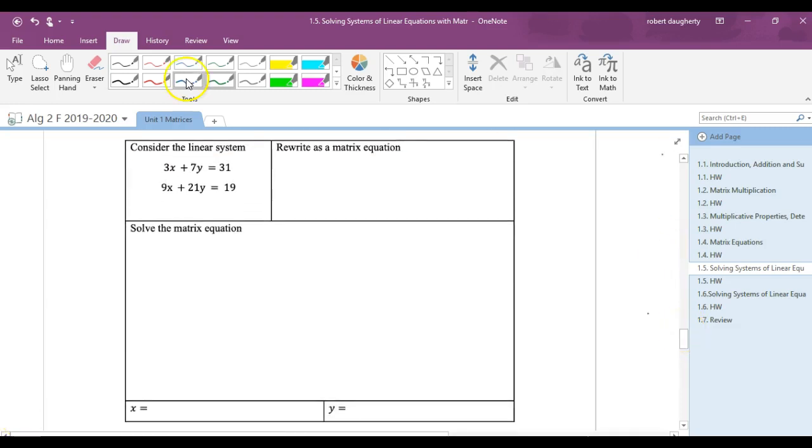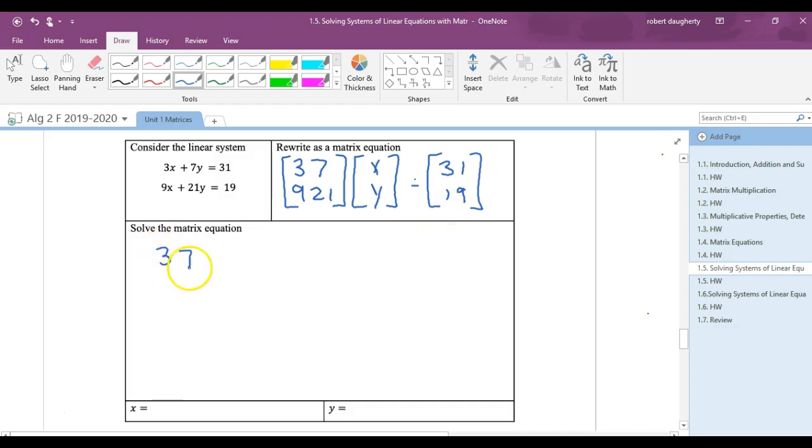So you guys take a look. When you rewrite this as the matrix equation, 3, 7, 9, 21, you're going to need to find the inverse of that matrix. So 3, 7, 9, 21 inverse, then you're going to go find the determinant.